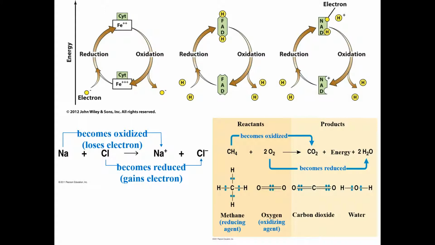So your sodium is going to lose one electron, and your chlorine atom is going to gain one electron. In this process, since your sodium atom has lost an electron, it becomes oxidized. And since the chlorine atom has accepted an electron, it has gained an electron, it is reduced.